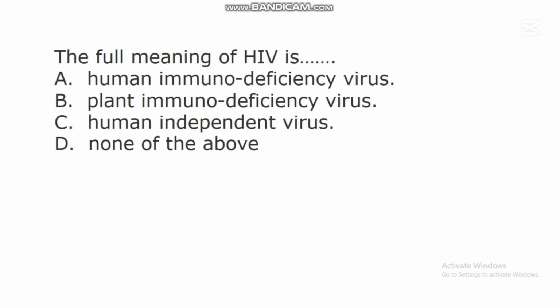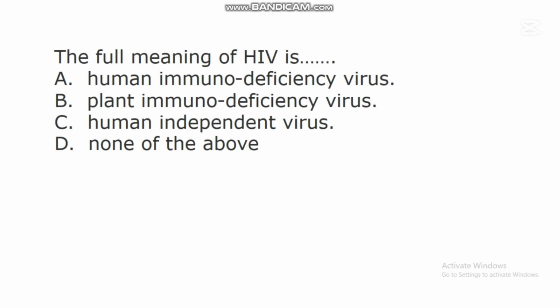The next question says, the full meaning of HIV is dash. A, human immunodeficiency virus. B, plant immunodeficiency virus. C, human independent virus. D, none of the above.